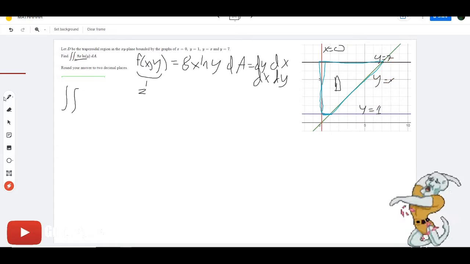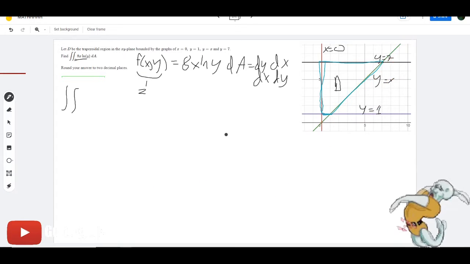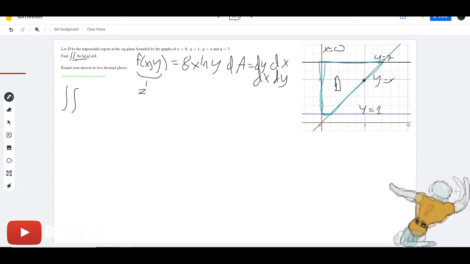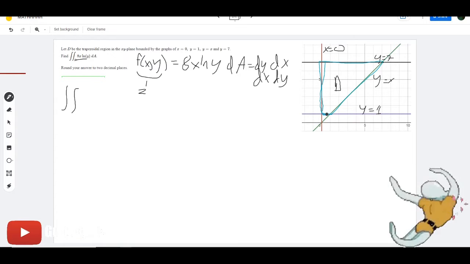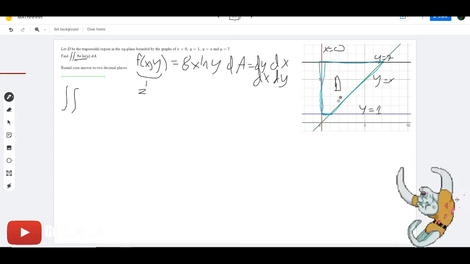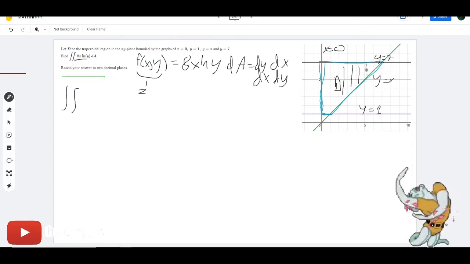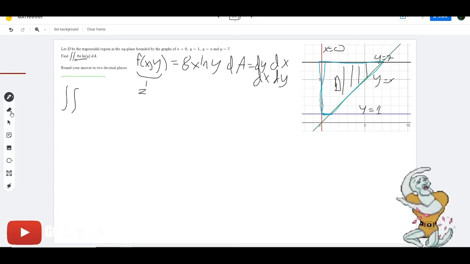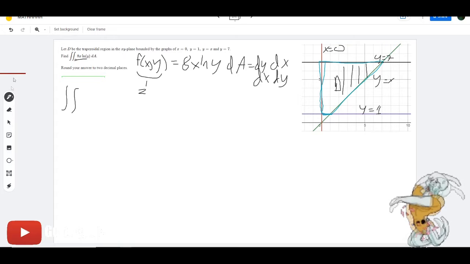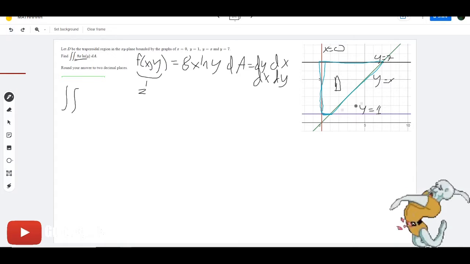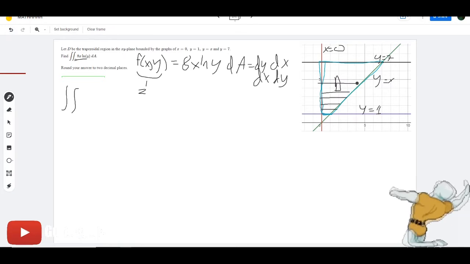Now we decide which variable we're going to integrate with respect to first. If we integrate with respect to y, the boundary for y is y equals x and y equals 7. But if we're integrating with respect to x, we're going from x equals 0 to x equals y.